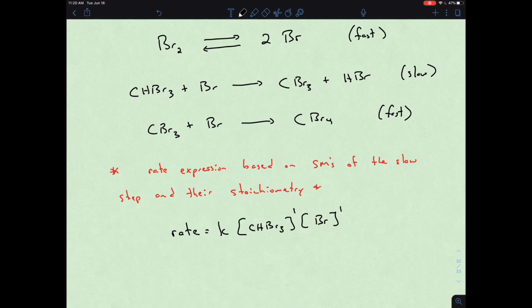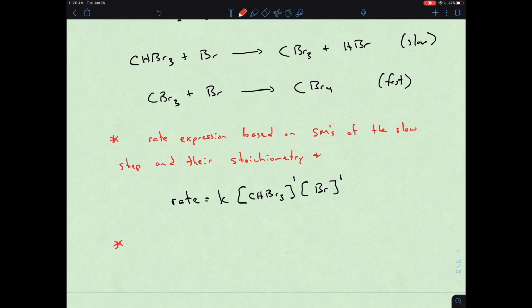Now, when we get into more complicated features, we have to add another step to the process, right? We have to remember our experimental, the one that we determined via an experiment.